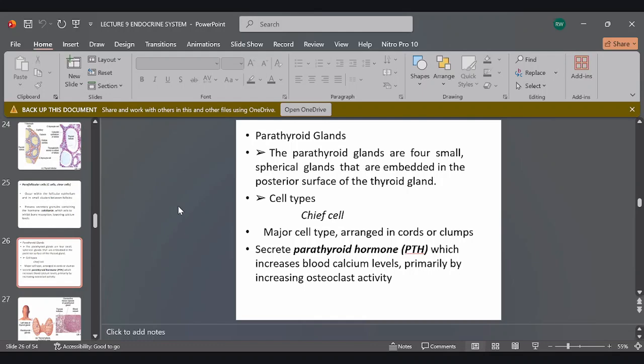For the cell types, we have the chief cells, which are the major cell type, arranged in cords and clumps. They secrete parathyroid hormone, the PTH, which increases blood calcium level, primarily by increasing osteoclast activity.